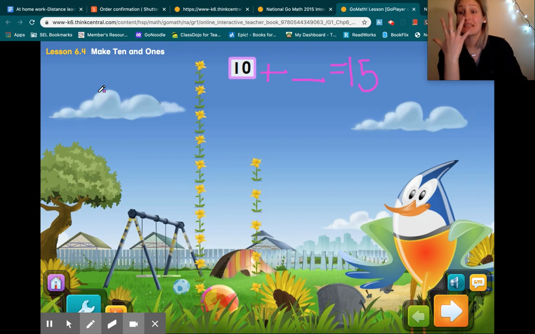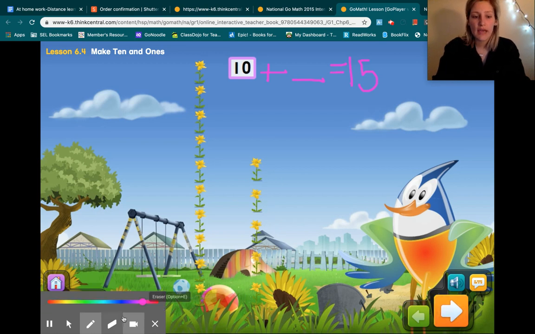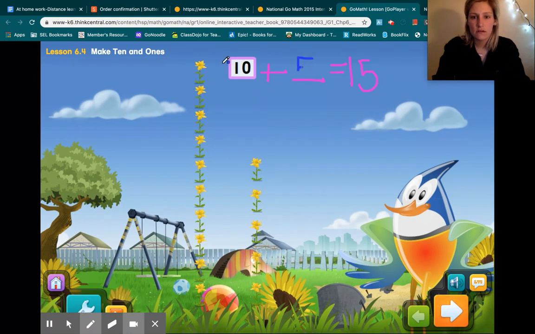So I'm stopping at 15 because that's the number we needed to get to. And how many fingers do we have held up? Well, we have 5. Let's double check that there are 5 flowers down here. 1, 2, 3, 4, and 5. So we can confidently say that our missing number right here was 5.